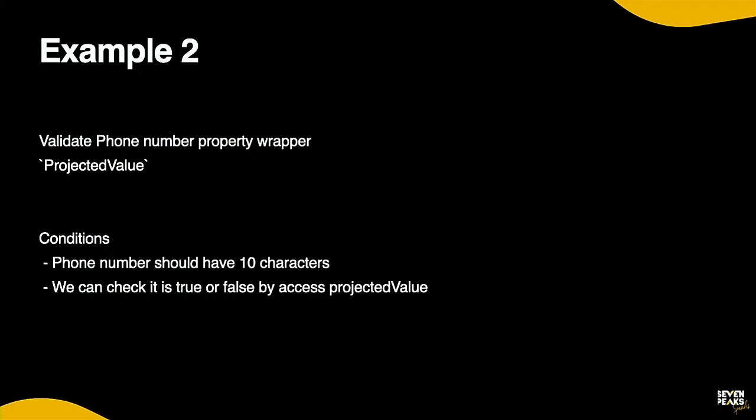Same as its name, projected value is projecting a value from the property value. Projected value allows us to project another value by putting the $ sign as a prefix. It enables us to add logic in a way that doesn't impact our code side at all.